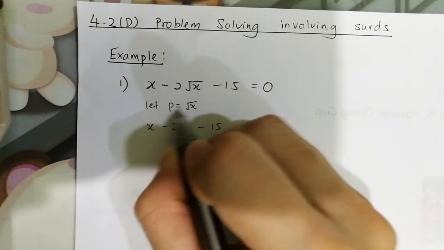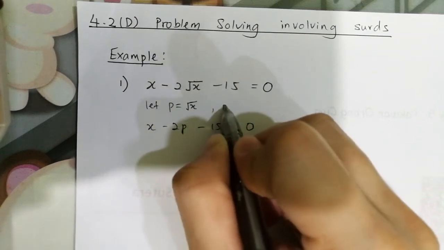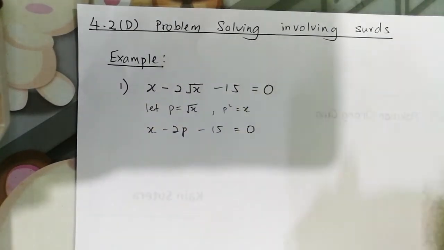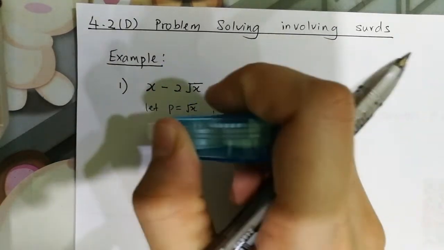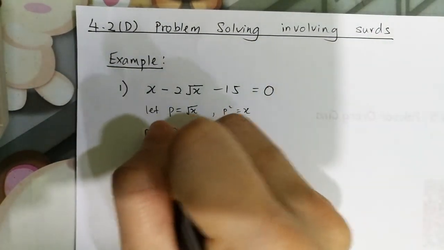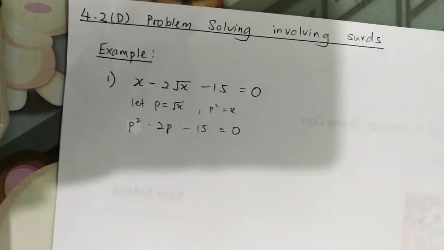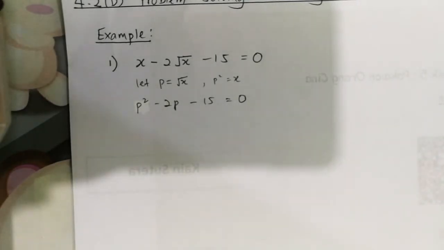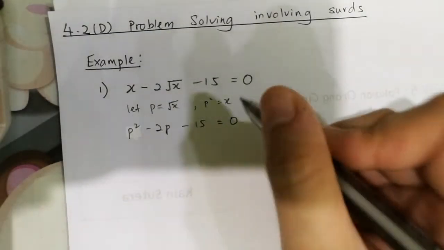If p equals to root x, means p squared equals to x. That means here is p squared. Okay, so p squared equals to x.